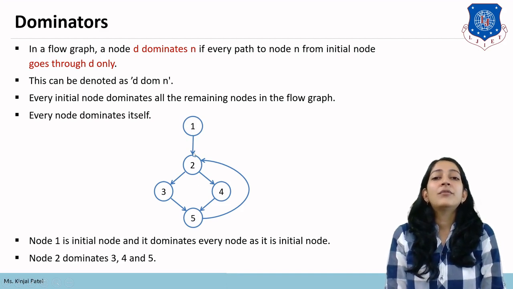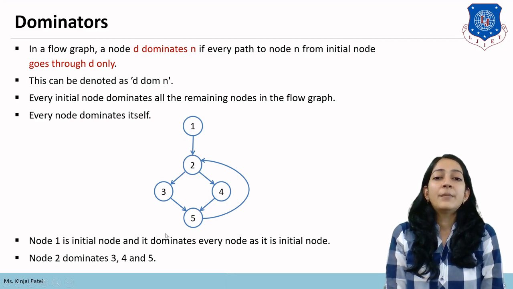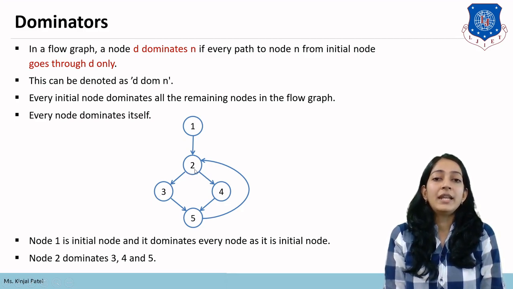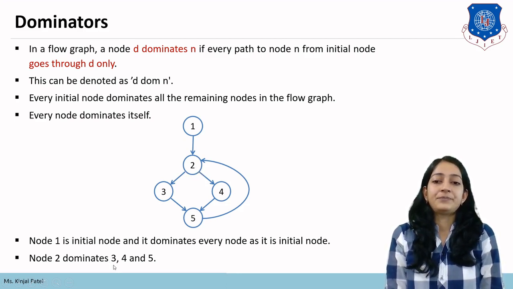Same way, if we want to find the dominators of 2, we will see the subtree of 2. The subtree of 2 contains nodes 3, 4, 5. So we need to check that from node 1, if there is a path which goes through 2 only, then only we can say that 2 will dominate 3. There is only one path from 1 toward 3, and it goes through 2, so we can say that 2 dominates 3.